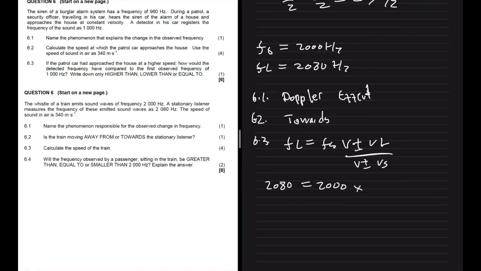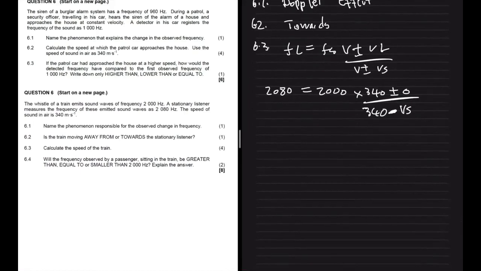Speed of sound in air is 340. It says the speed of the train, so plus or minus 0 here, since the listener is stationary. 340 minus Vs. It's minus in the denominator if the sound source is moving towards. If the sound source was moving away, then we would have plus in the denominator.